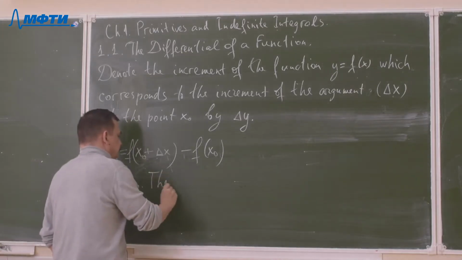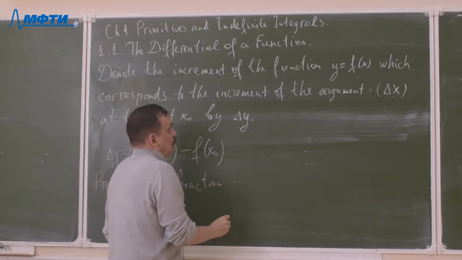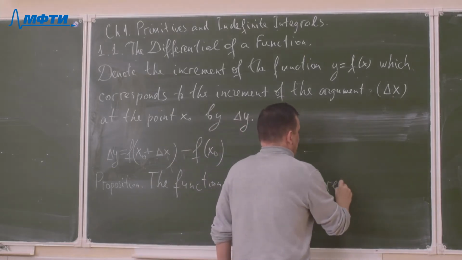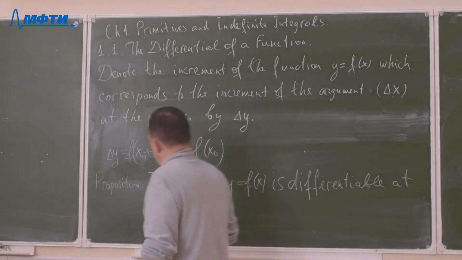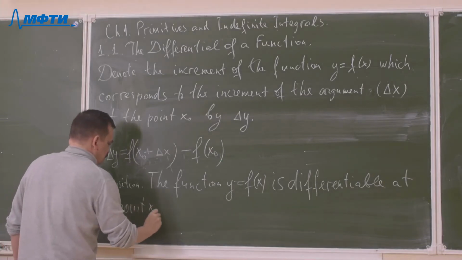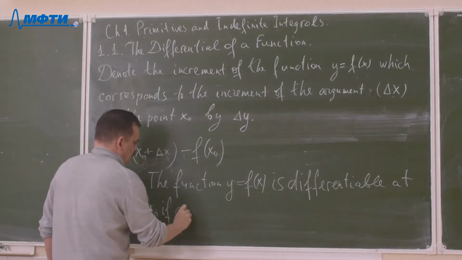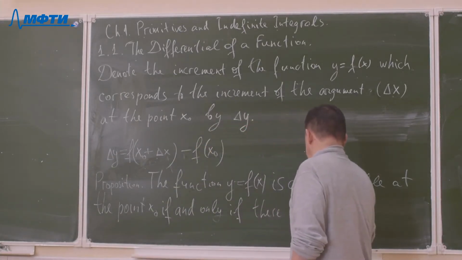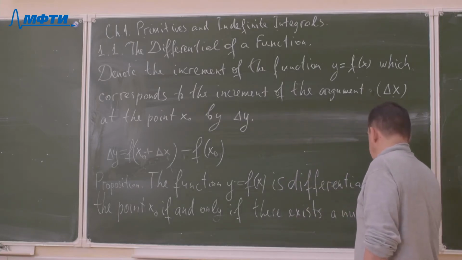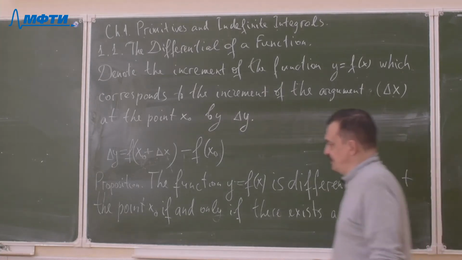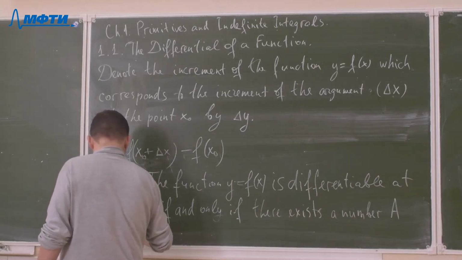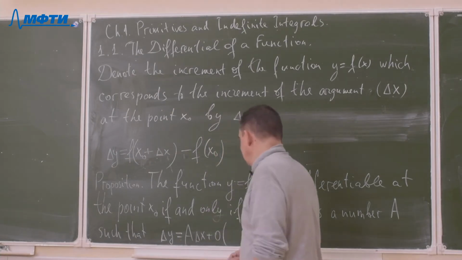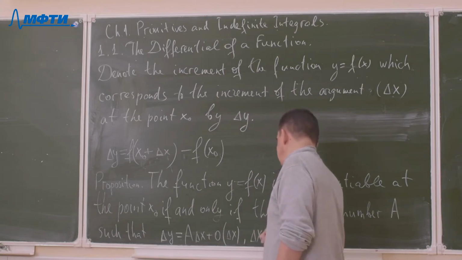The function y equals f of x is differentiable at the point x naught if and only if there exists a number capital A such that delta y equals capital A times delta x plus little o of delta x as delta x tends to 0.